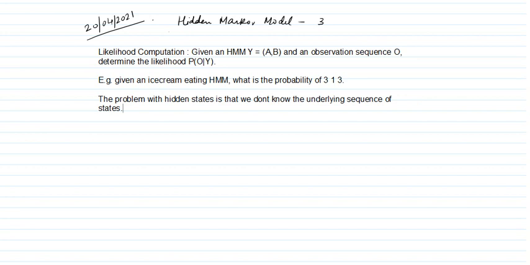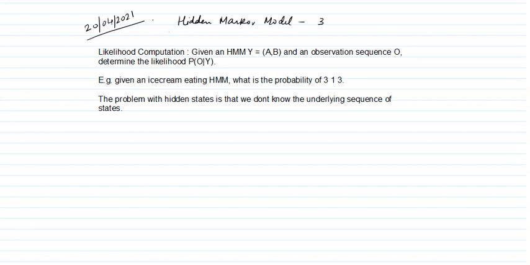Right. So now we need to make the calculations based on some assumptions. What we can assume is that the likelihood of this sequence can be calculated over the possible sequences of states, multiplying them with their weight of the probabilities.